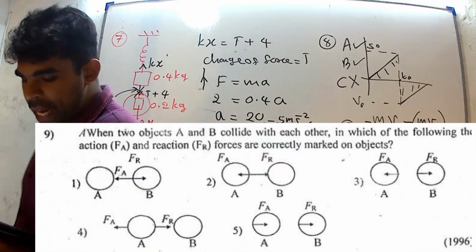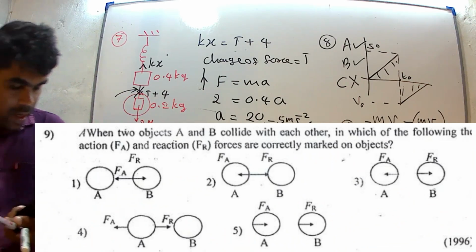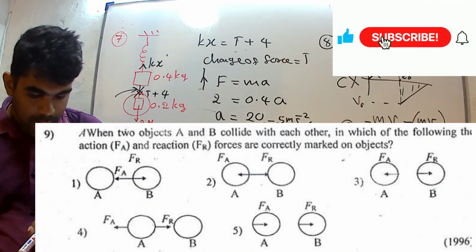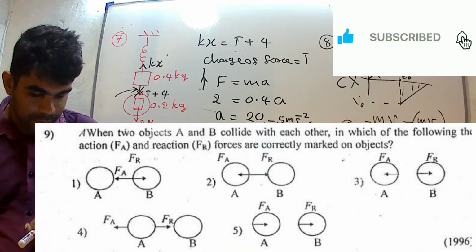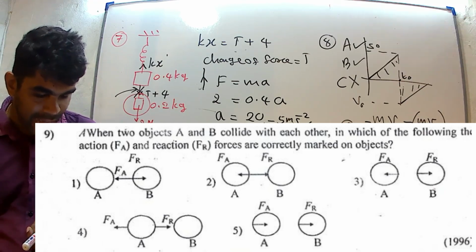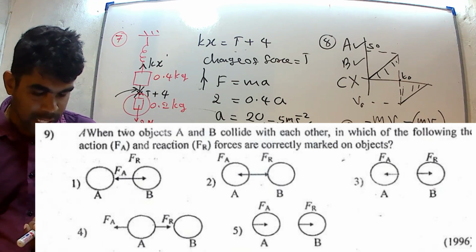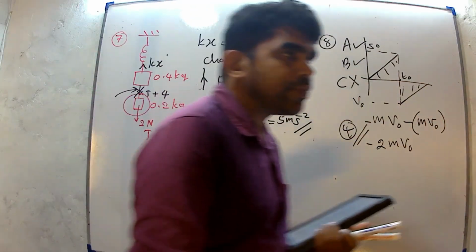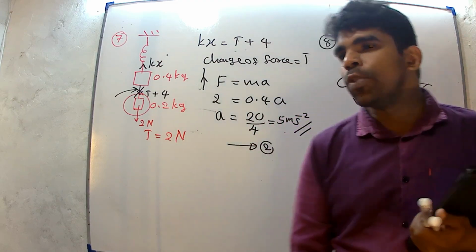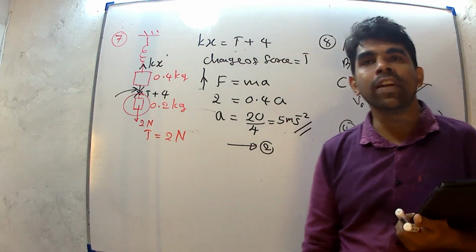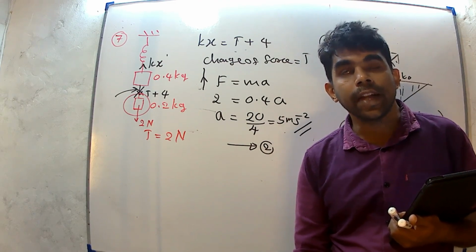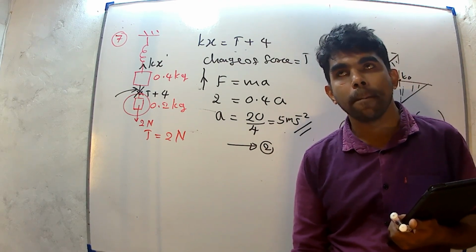Then question number 9. When two objects A and B collide with each other, in which diagram are action FA and reaction FB forces correctly marked on the objects? We know that when considering Newton's third law, there is an equal and opposite reaction for every action.